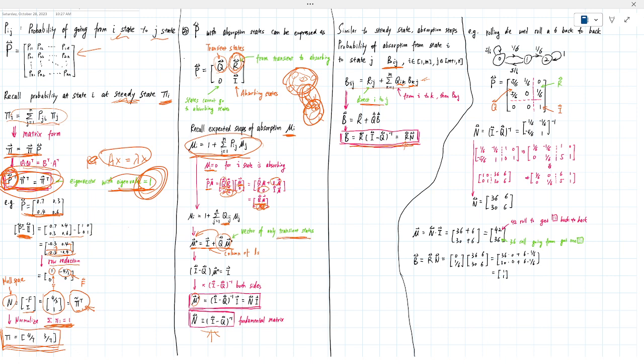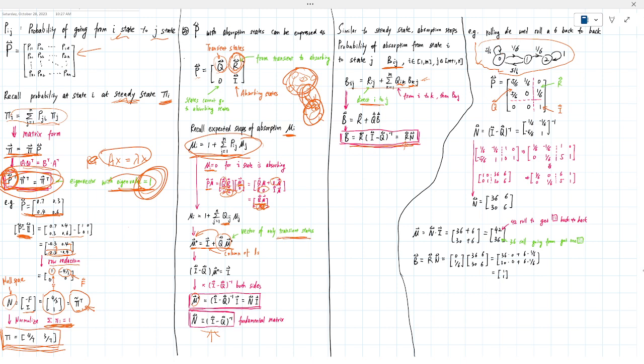Let's look back at the question we did before. We roll the die until we roll a 6 back to back. It can be described as this Markov chain. The state number is the number of consecutive 6s.